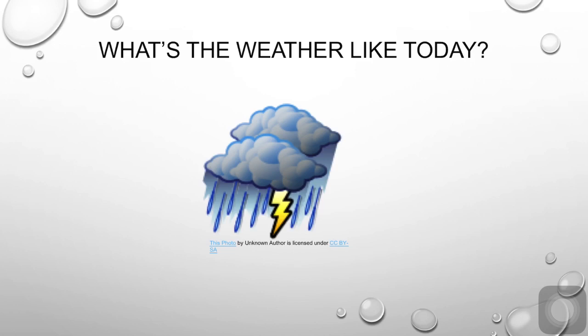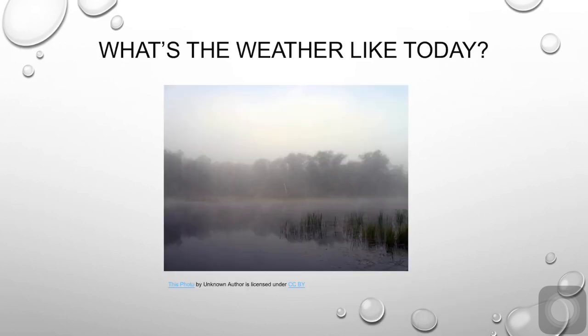Next, what's the weather like today? There is a thunderstorm. So, what's the weather like today? It's stormy. Good. What's the weather like today? Correct. It's foggy.